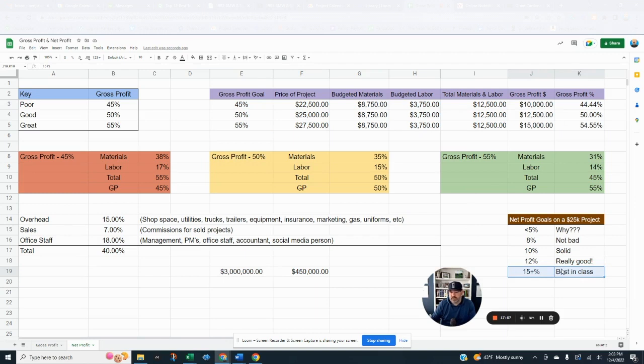Now there are guys out there that are doing, I've heard, 20%. Now that's got to be a really little guy that's got one crew. He does the selling, he does invoicing, he does accounting, he does the marketing, he installs, and he's charging a really good rate. And is that the best way to run a business? It might be, right? It might be the easiest to say, yeah, I do $1 million.